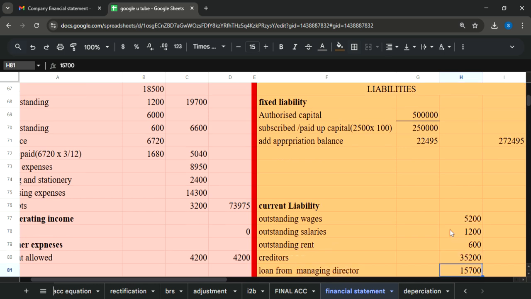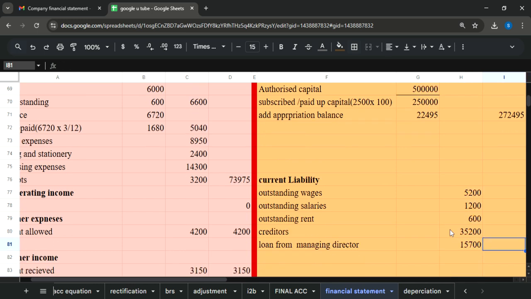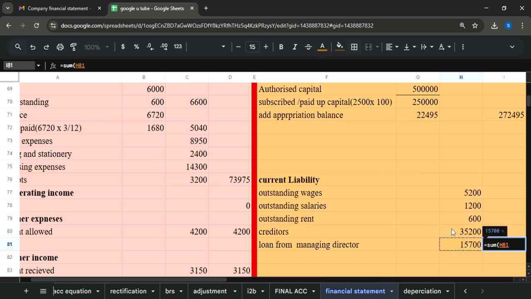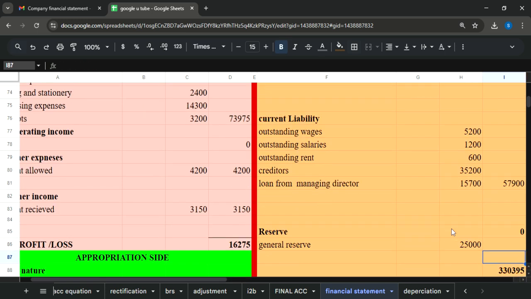After fixed liability, we will take the sum of current liabilities, and that is also completed, and we have one reserve as well, and that is 2,500. So what does that mean?